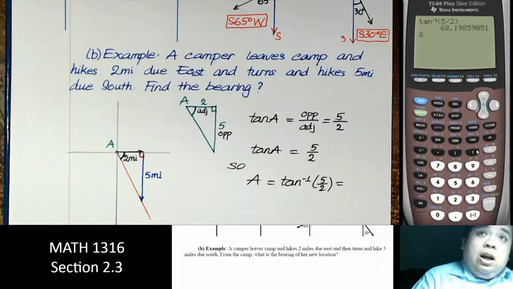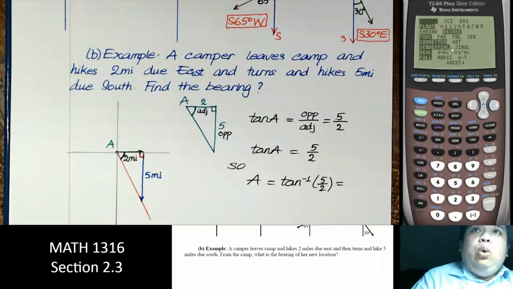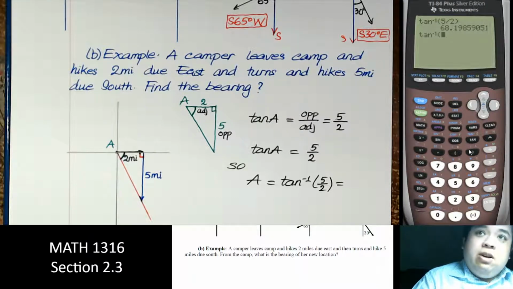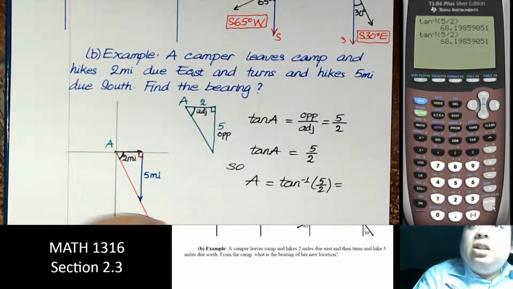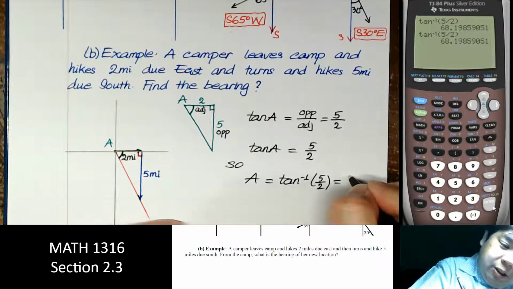Like I said, just make sure that we are in degrees mode. And then second, tangent, and then 5 divided by 2. Right, 68.2.